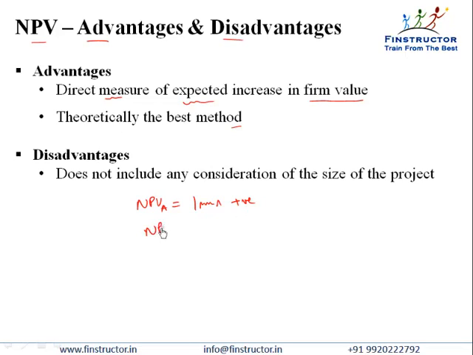NPV of another project B is $1 million, but the difference is that the present value of cash inflows for project A was $100 million minus the present value of the cash outflows of 99, giving an NPV of $1 million. For project B, the cash inflows were $2 million and the present value of the outflows was $1 million, again giving an NPV of $1 million.